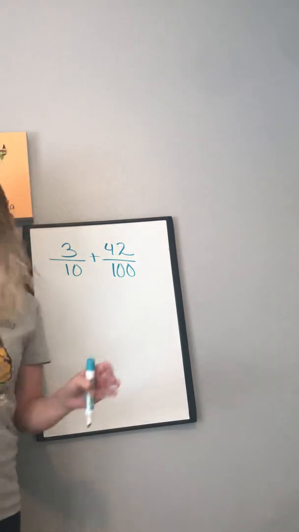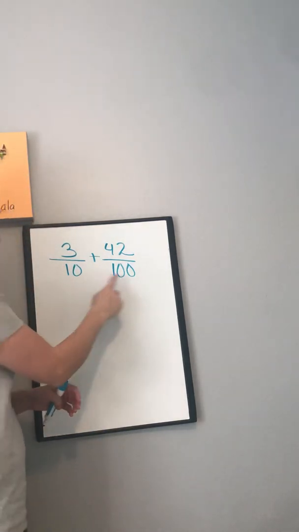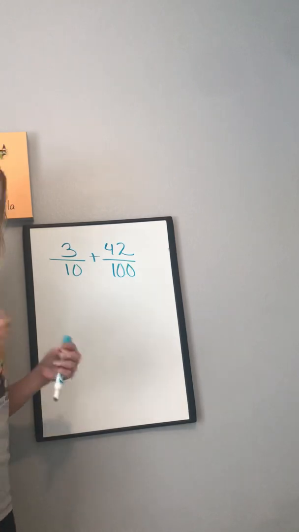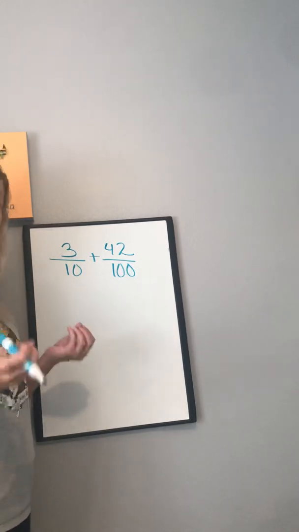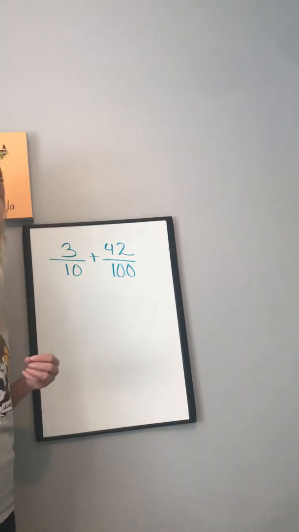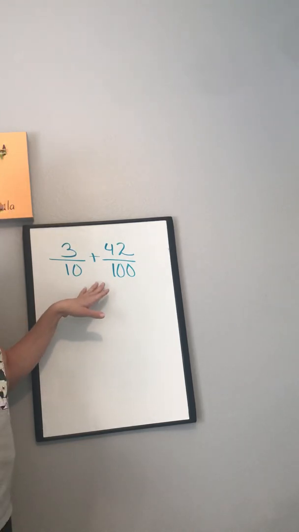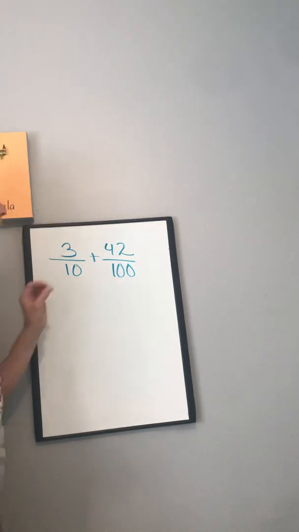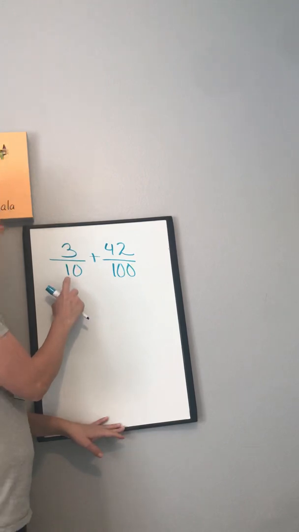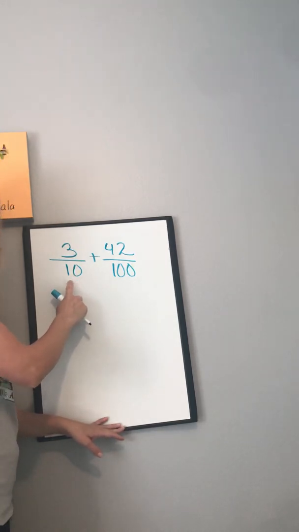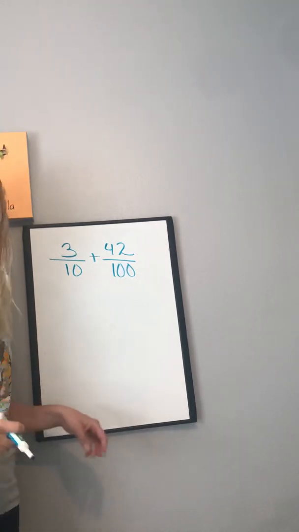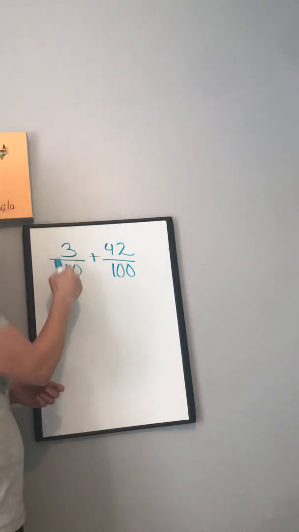So what I have to do here is make them have the same denominator. Kind of like how I had to do that to compare the fractions, I'm going to do the same thing here. I can change this fraction to make it have a denominator of 100. I need to make an equivalent fraction for 3/10.